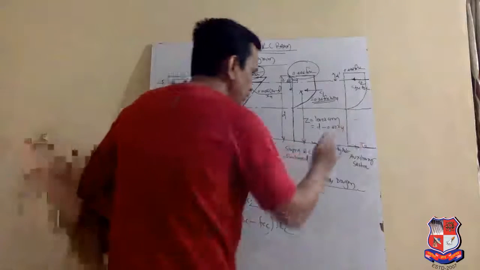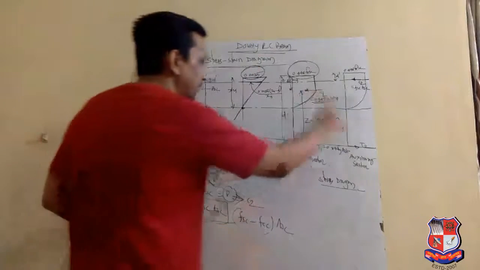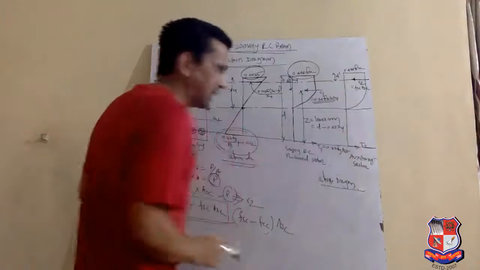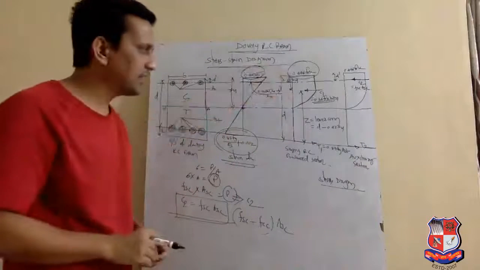Now, what about T2? T2 is nothing but the reinforcement in the tension zone of the auxiliary section.